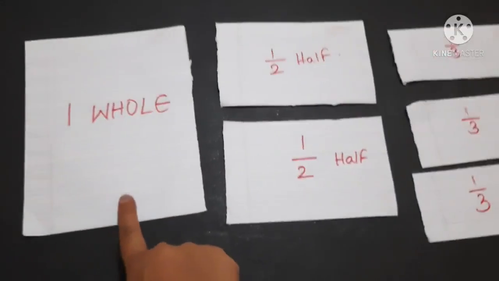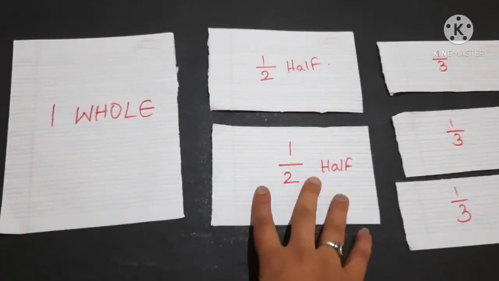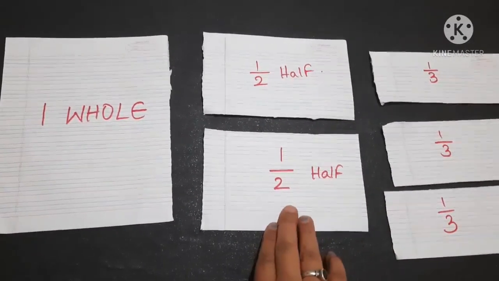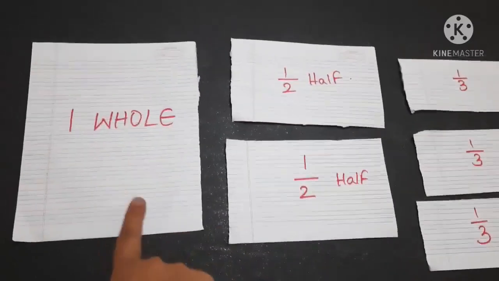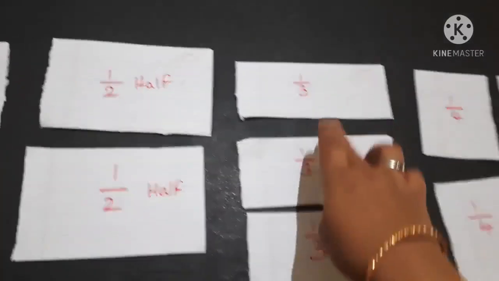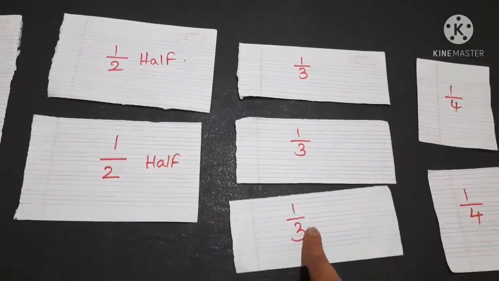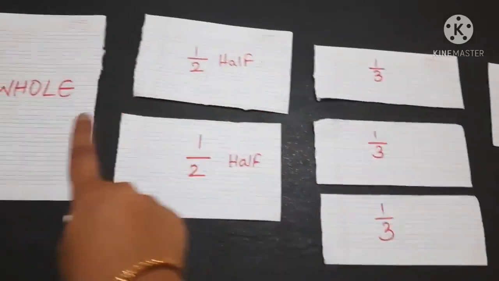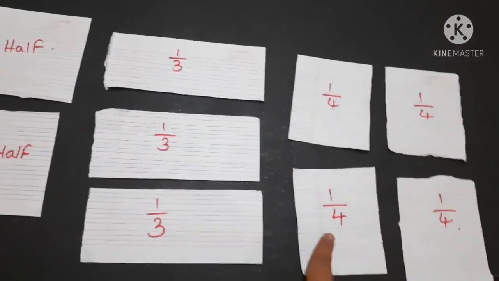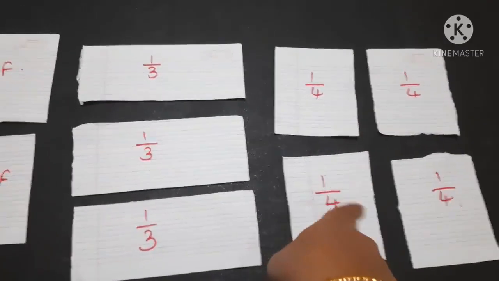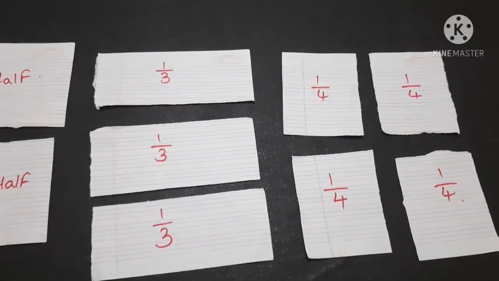So, when a whole is equally divided into two parts, each part is called a half. When equally divided into three parts, each part is called 1/3. When equally divided into four parts, each part is called 1/4 or quarter.